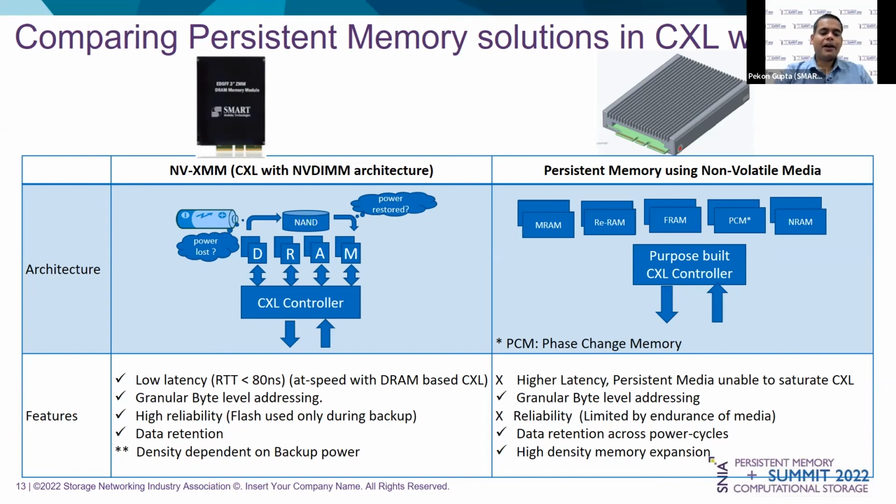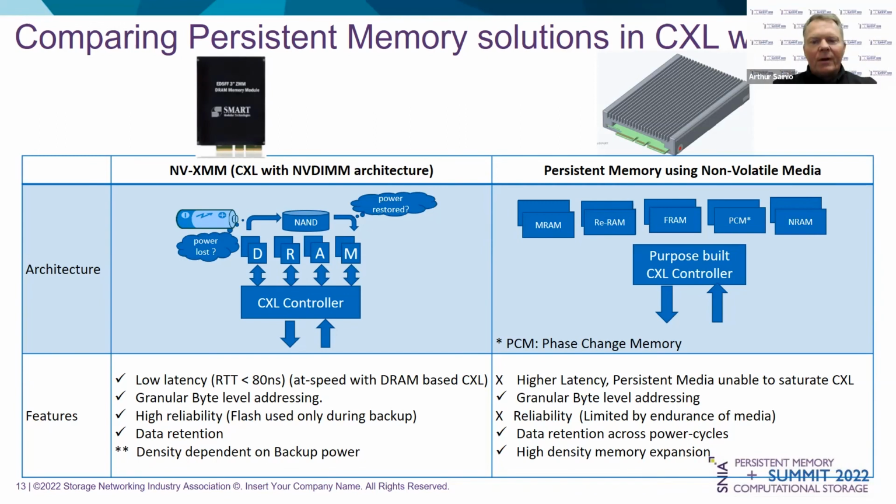The density of the backup power and how much current it can provide decides the capacity of the NV-XMM devices. So there are differences between the usage models, where NV-XMM is a good fit for a number of applications. I'll give the control back to Arthur for summarizing the details.